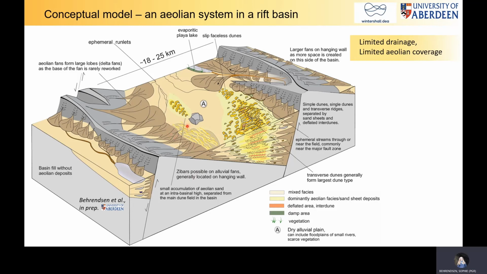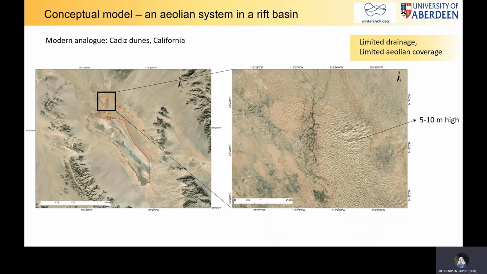So we mainly found them on the hanging wall, but we can probably have them here as well. And then the last possibility where we can have aeolian dunes is kind of in the middle of the basin, where the dunes are parallel to the main graben orientation. And an example for this would be the Cadiz dunes in California.